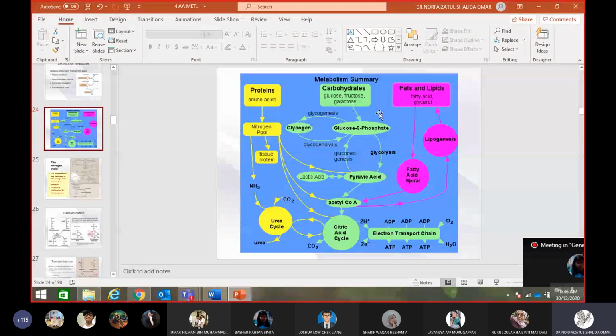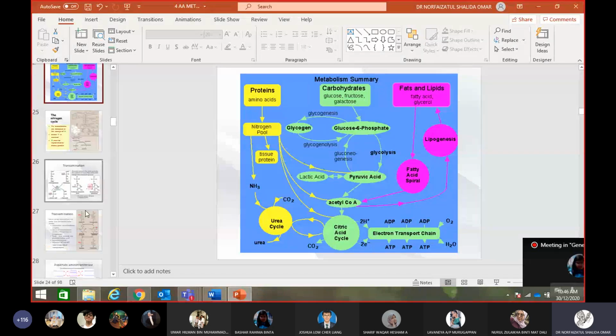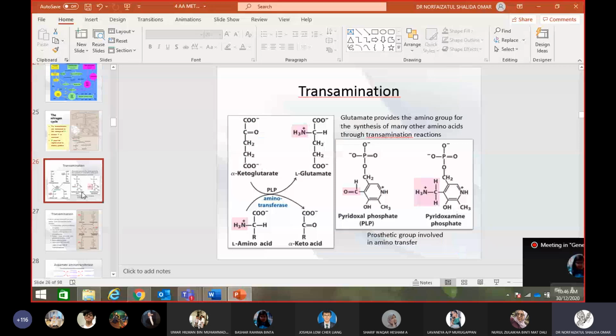Now we go towards protein, and we'll see how proteins are metabolized. The main reactions that you need to remember are two main reactions in protein metabolism, mainly transamination and oxidative deamination.